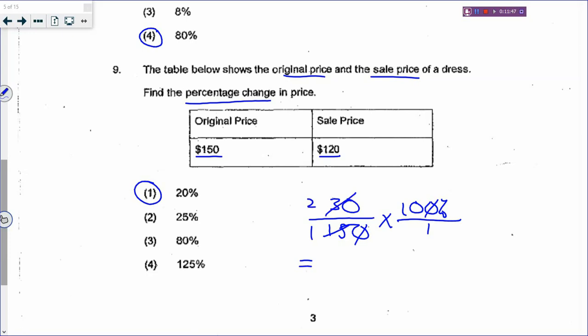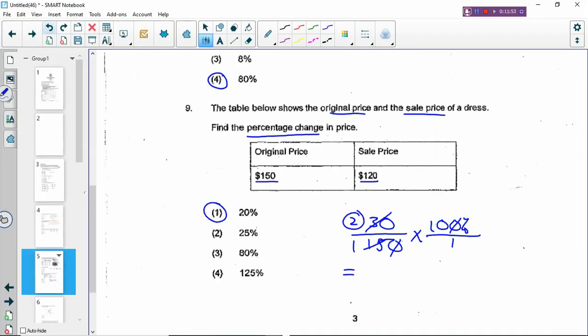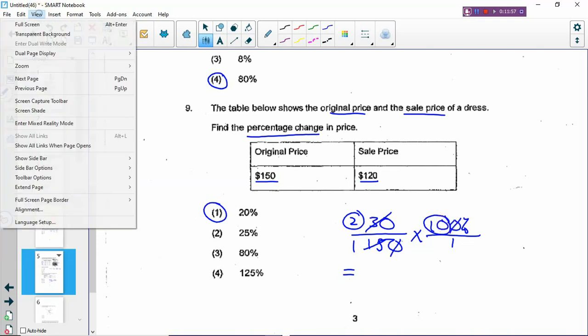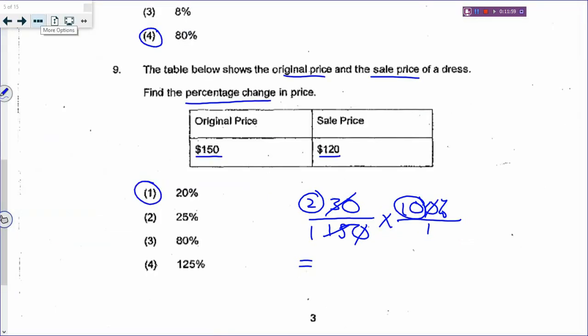Once you have canceled, circle those numbers you never cancel, and then you multiply them. So 2 times 10 is 20, and 1 times 1 is 1. So what is the percentage change? 20% change. So answer number 1.